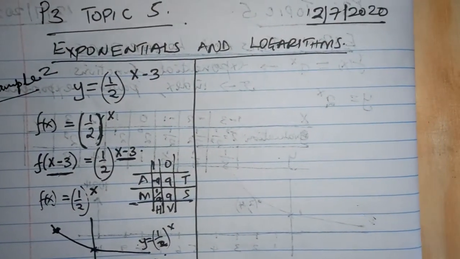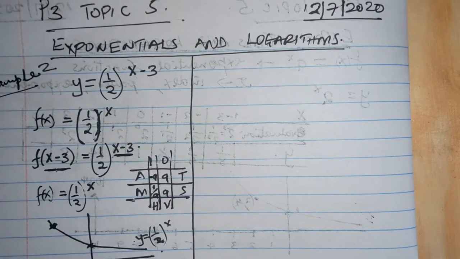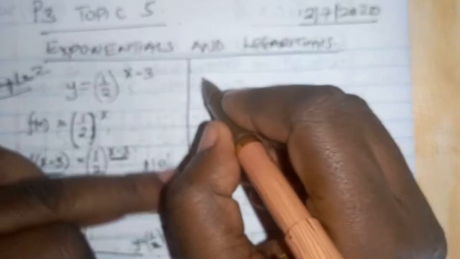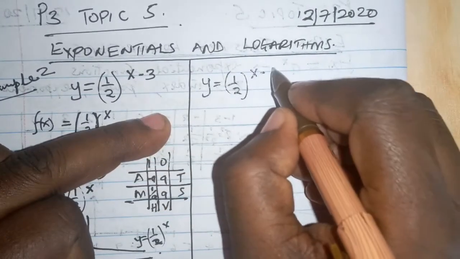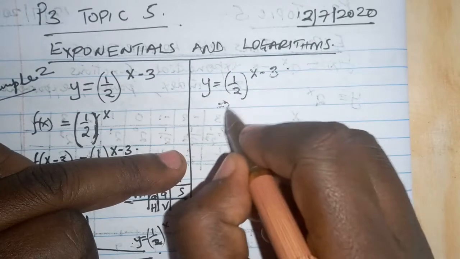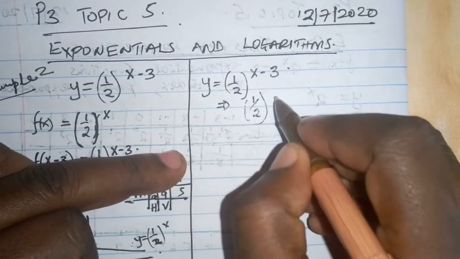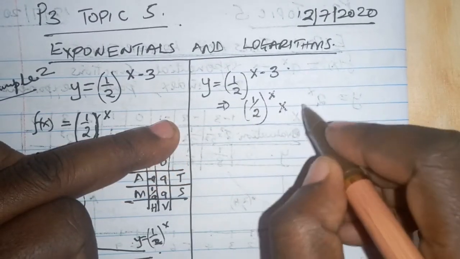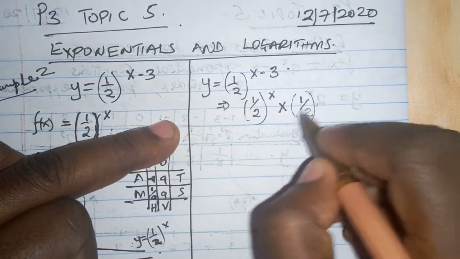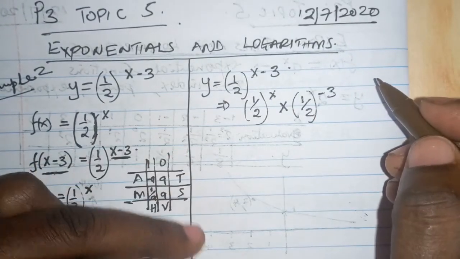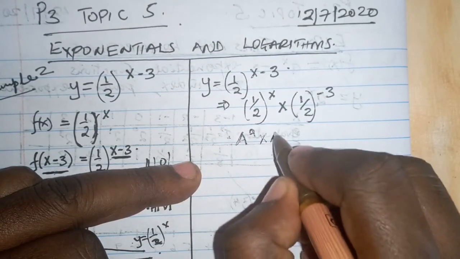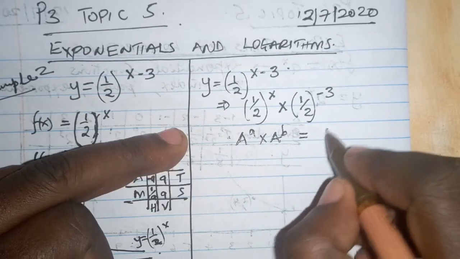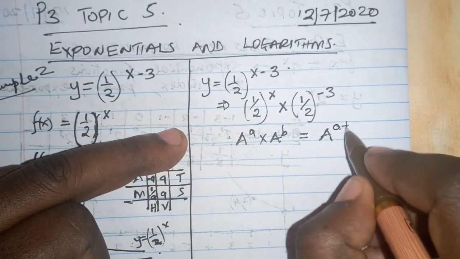I want us to go to the second approach with a different transformation and have it this way. If we talk about the graph of y is equal to a half raised to power x minus 3, it is the same as a half raised to power x multiplied by a half raised to power -3, because we know very well that a raised to power a times a raised to power b is equal to a raised to power a plus b.